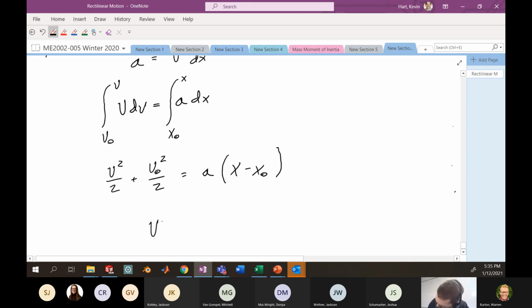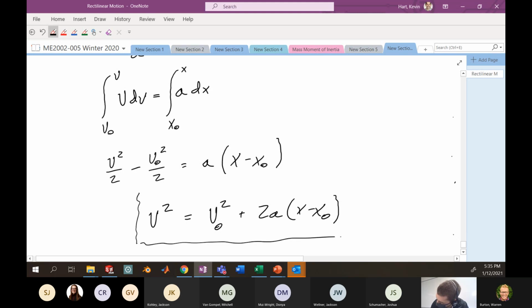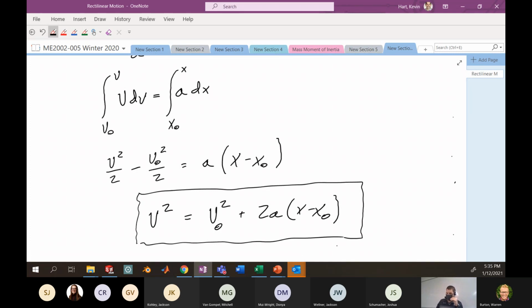Or typically this is v squared equals, sorry, there should be a minus here. v0 squared minus 2a times x minus x0. That's probably the last constant acceleration equation that you saw in physics. And this is where they come from.